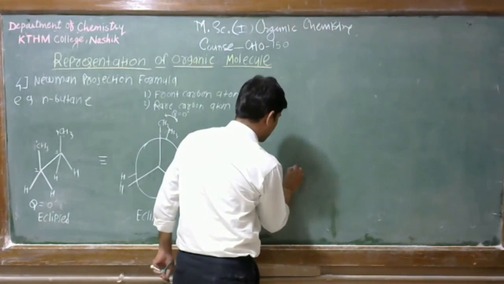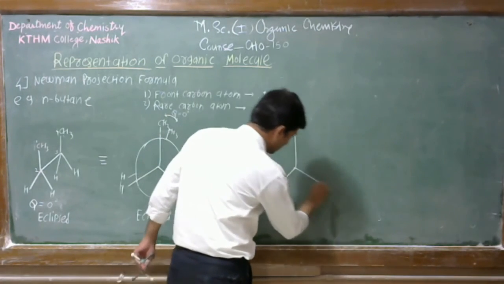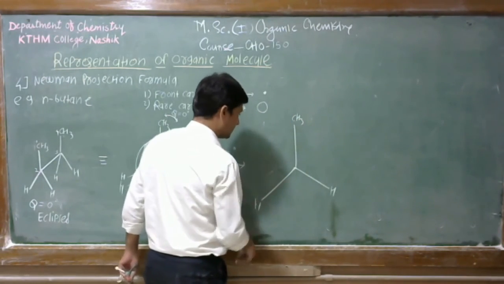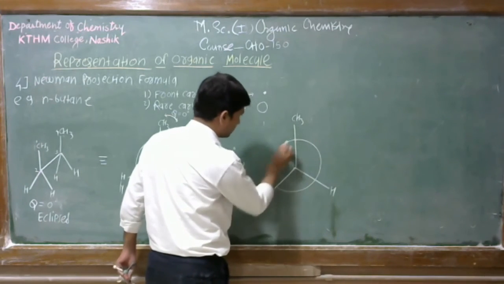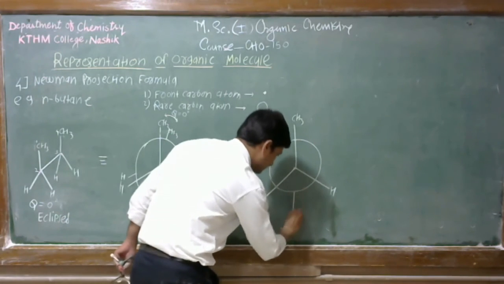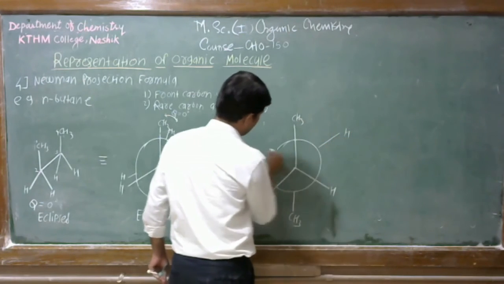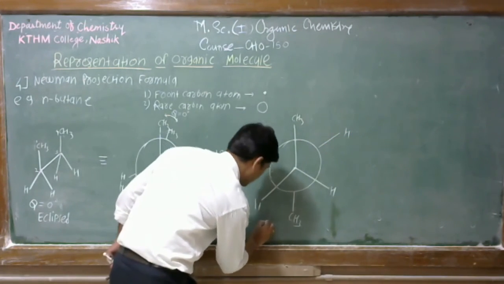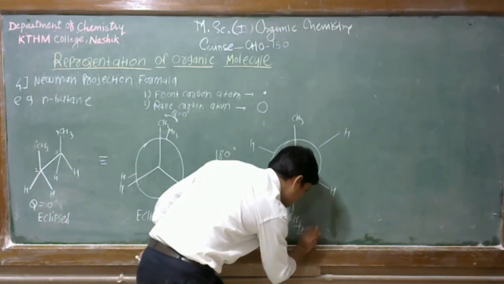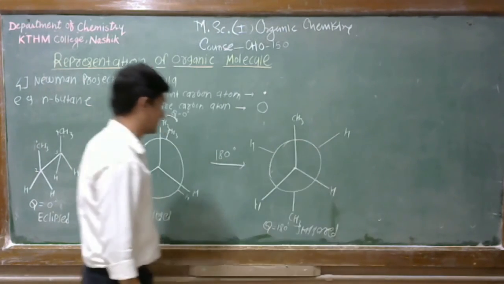Our front carbon atom, denoted by the dot, is the same here: this is CH3, this is hydrogen, this is hydrogen. Now the rear carbon atom, denoted by the circle, has CH3 coming here at 180 degree, with one hydrogen here and another hydrogen here. Now the dihedral angle is 180 degree, therefore this is the staggered form, or you can say the staggered conformation.